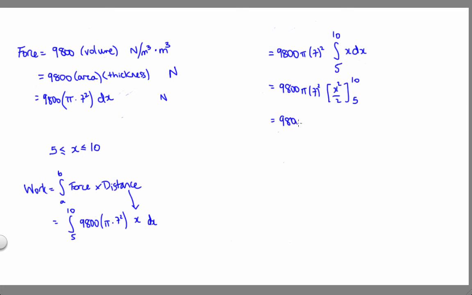Now let's plug in. Plugging in 10, we've got 100 over 2, and then we'll be subtracting off the value at 5, which is going to give us 25 over 2. Putting this entire expression into our calculator then, I get an answer of 5.7 times 10 to the 7 joules.